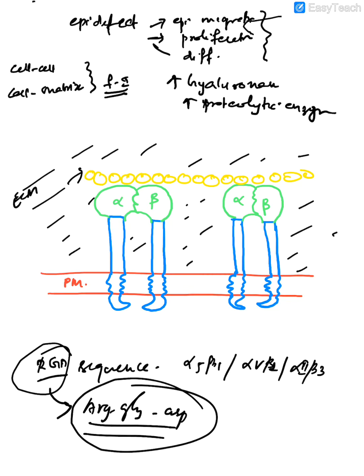The component of the hemidesmosomes is the integrin alpha 6 beta 4 heterodimer, which is not related to this fibronectin mediated cellular interaction. It is not mediated by fibronectin.